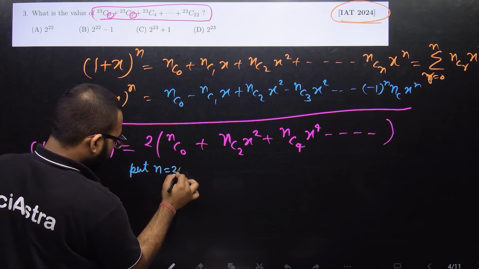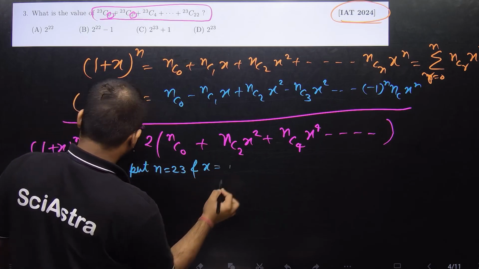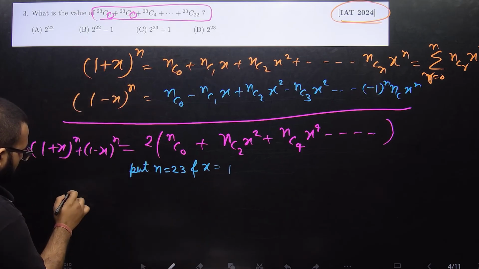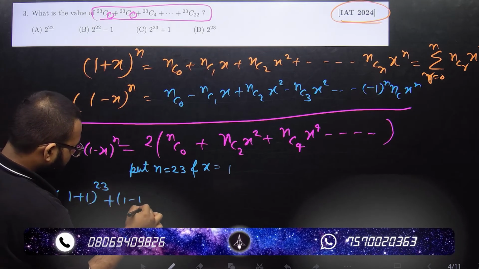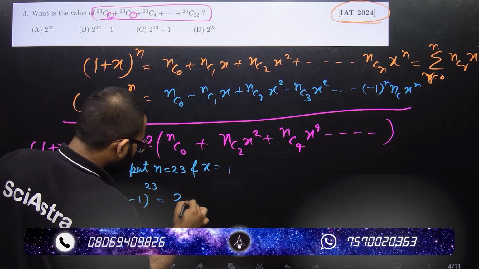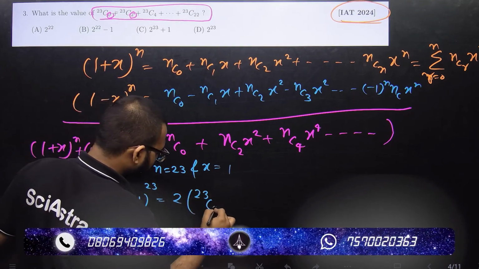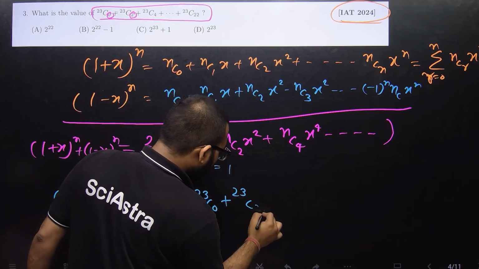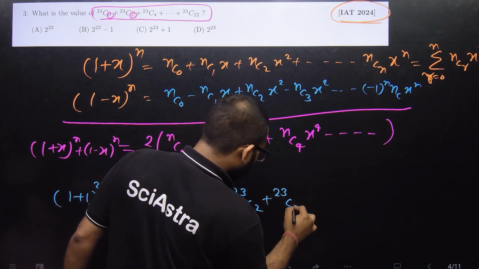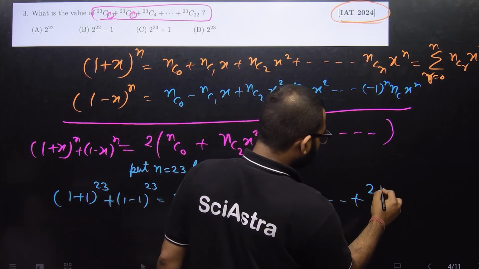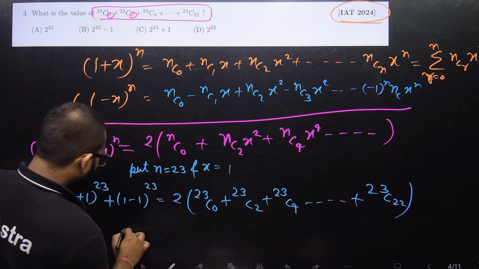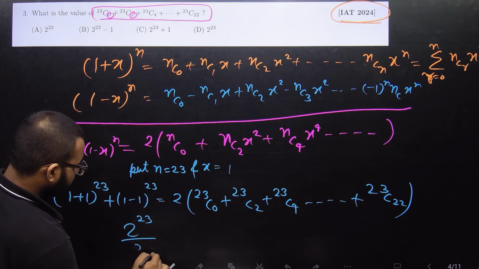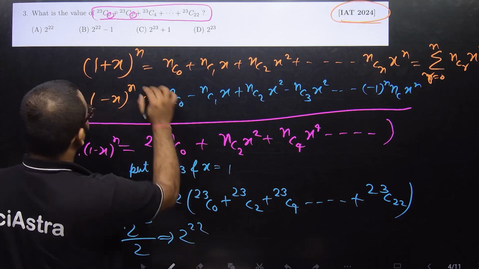So (1 plus 1) power 23 plus (1 minus 1) power 23 is equal to 2 times 23C0 plus 23C2 plus 23C4 and so on, and the last even term is 23C22. Hence the answer of this series is 2 to the power 23 divided by 2. Hence this is equal to 2 to the power 22, and option A is correct.